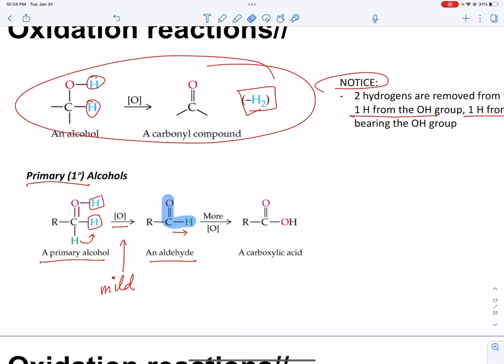However, since we can continue oxidizing it, we would consider this strong oxidation. Okay, so if you read a problem that says you got a primary alcohol, or it shows you a picture of a primary alcohol, and the arrow says strong oxidation, or the problem somewhere indicates strong oxidation of the primary alcohol, then it goes all the way to a carboxylic acid.